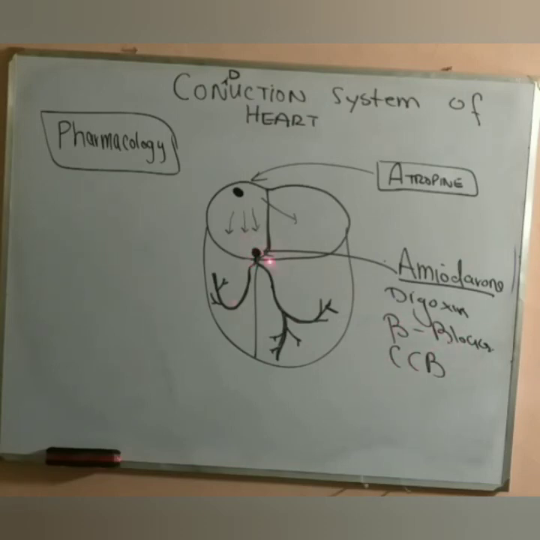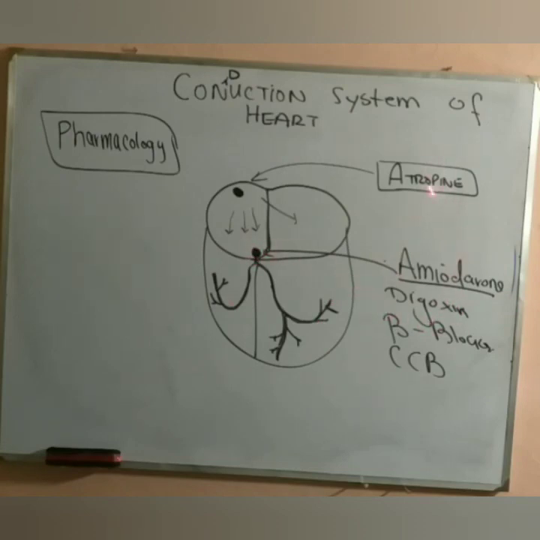Because they maneuver the AV node functioning by acting on its refractory period, and this is how they drop the rate in supraventricular tachycardia. So these are the types of drugs which have their effect on the AV node.